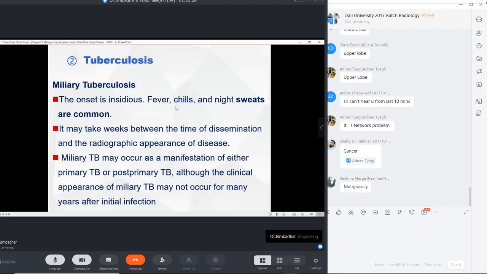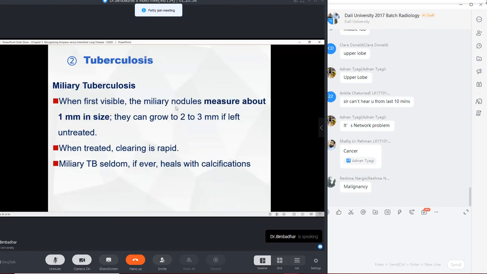Okay, miliary tuberculosis, this is the last, very easy to understand. Miliary tuberculosis is also one of the classical presentations where the tuberculosis patient will have 1 mm size small nodules spread all over the lung fields. 1 mm size calcified densities present all over the lung fields, which are also called millet-like densities.